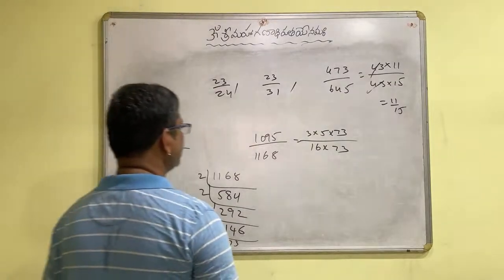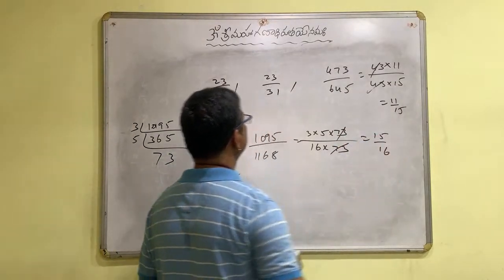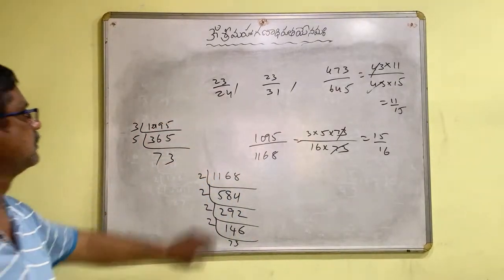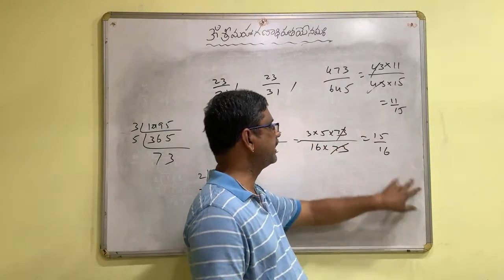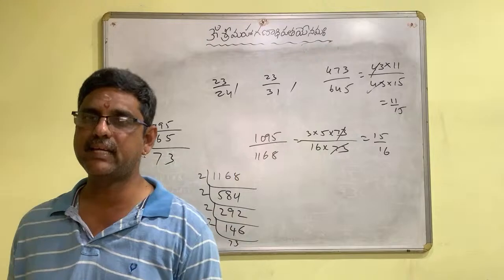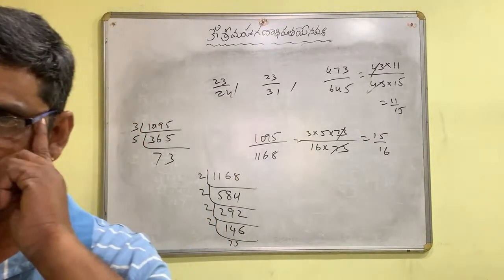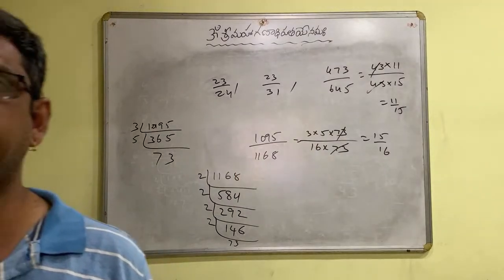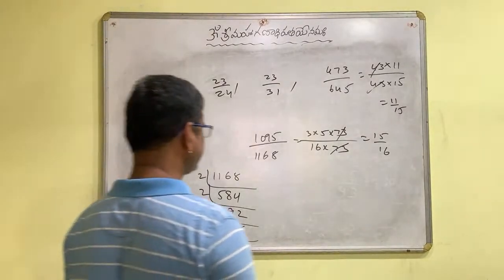So 73 gets cancelled. 15 by 16. 23 by 24, 23 by 31, 11 by 15, 15 by 16. Standard forms. Okay.